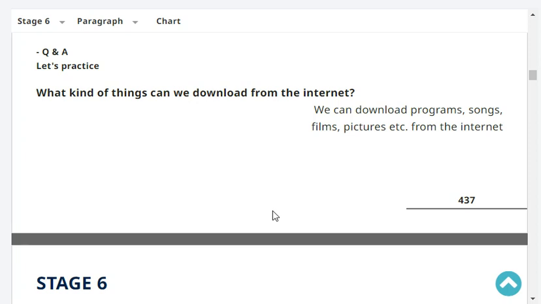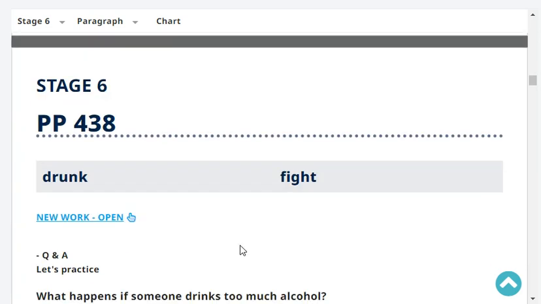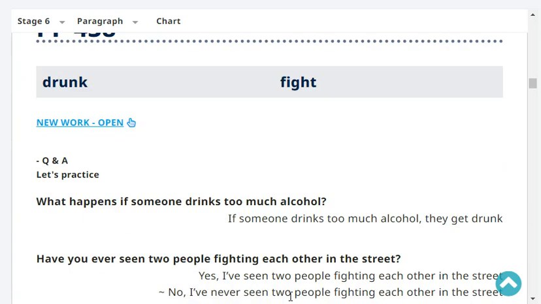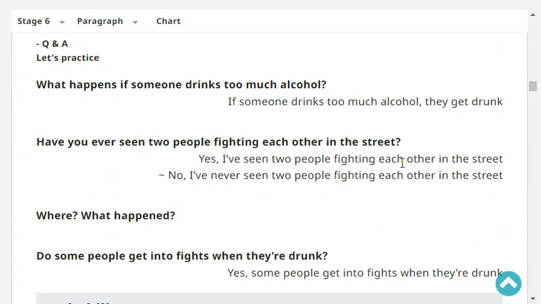We can download programs, songs, films, pictures, etc. from the internet. Very good. What happens if someone drinks too much alcohol? If someone drinks too much alcohol, they get drunk.